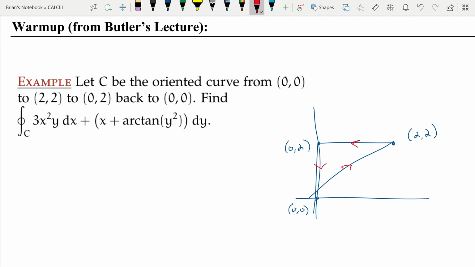So of course, orientation is important. If we do two different Green's theorem problems, and we have a region inside of another region and the direction is opposite, like we talked about in lecture with Butler, then you subtract those two different Green's theorem problems. But I haven't seen any of those.